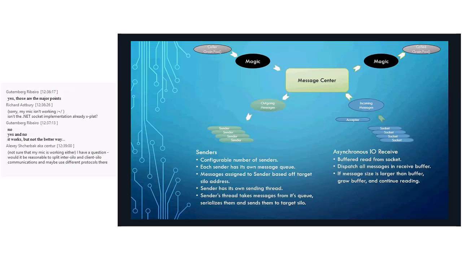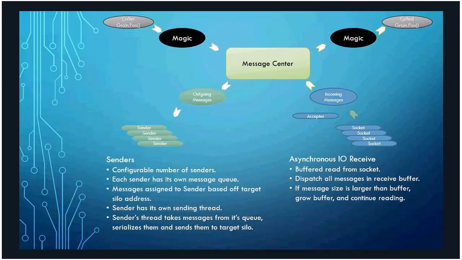Yeah, I think there was a question about the current XPlat, cross-platform .NET socket implementation, if that's something ready or not. We haven't looked at it. So Gutenberg, it seemed like you have an opinion. What is XPlat? Yeah, it works.